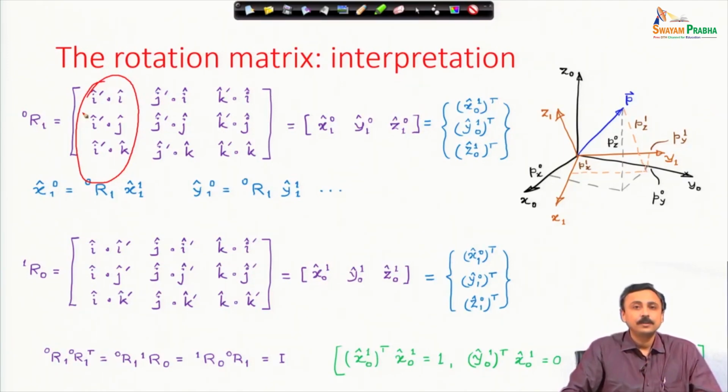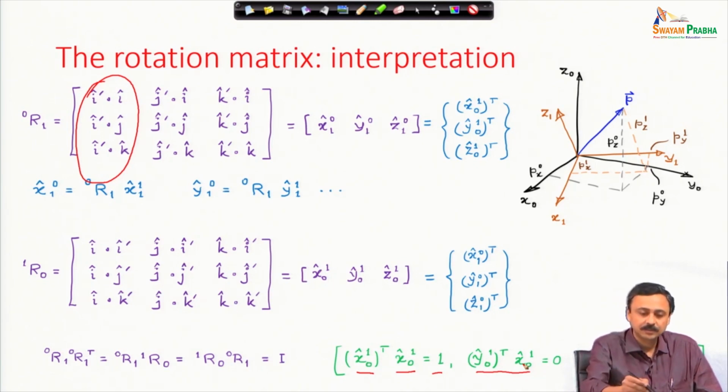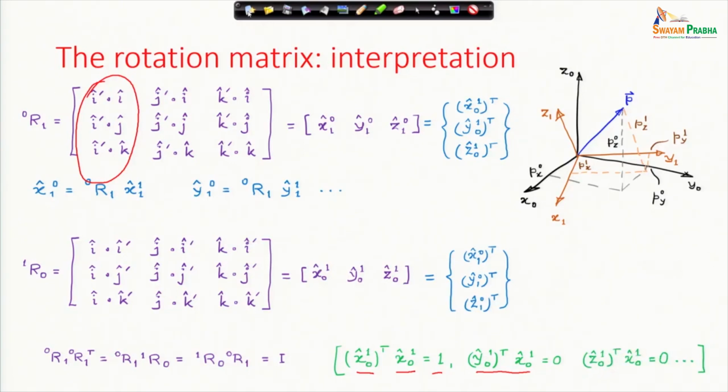Therefore, the dot product of the first column with itself is 1, but the dot product of any column with another column or any row with another row is 0. The dot product of any column with itself is 1, the dot product of any row with itself is 1. So, these are unit vectors, always the columns or rows are unit vectors, but they are all orthogonal.